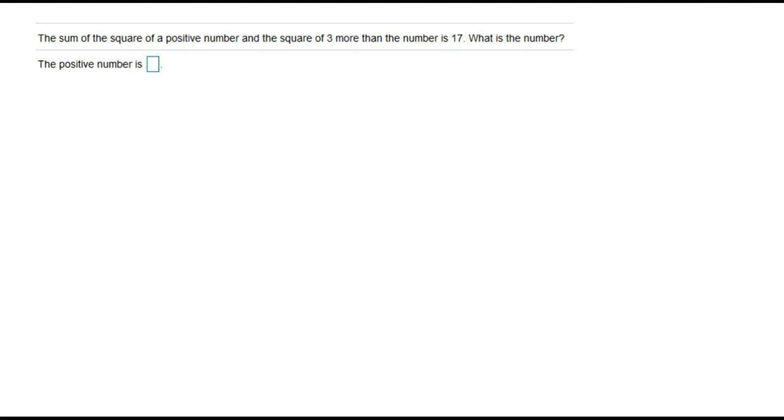So we have the sum, which means that we're going to add some things together. And the things that we're going to add together are the square of a positive number. We have that word and, it separates these two things. The square of 3 more than the number. We have the is, which is equals 17.